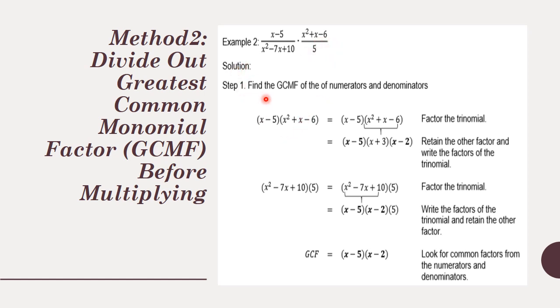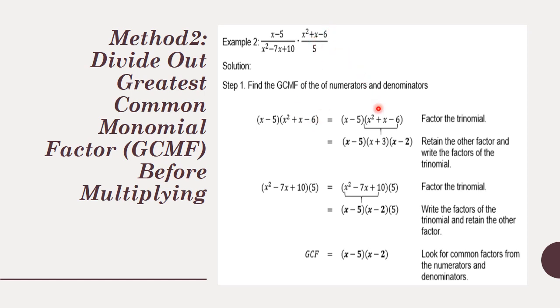Solution step 1: find the GCMF of the numerator and denominator. First you find the GCMF, or the greatest common monomial factor, of the numerator and denominator. First is the numerator. We have two numerators, which are x minus 5 and x squared plus x minus 6.